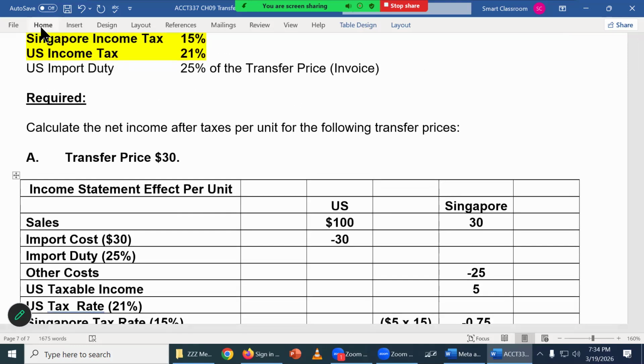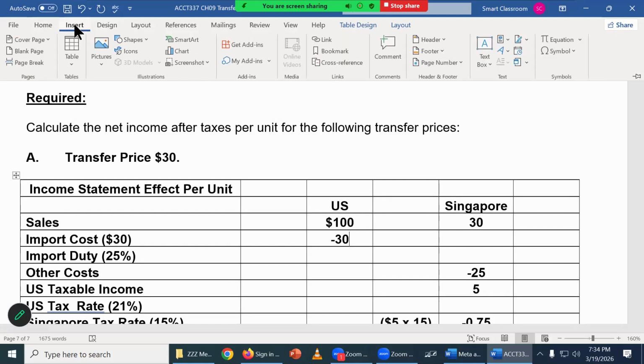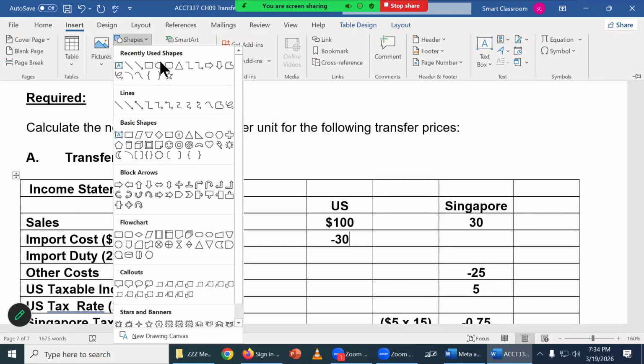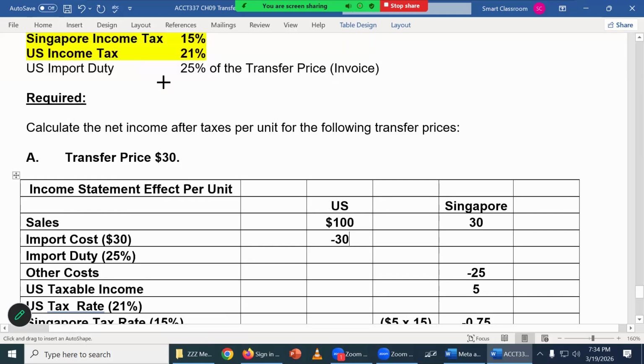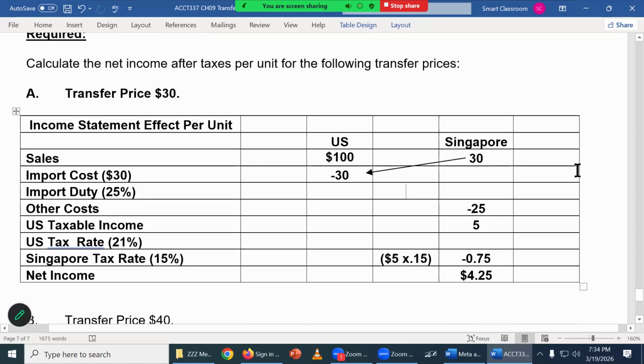Those two 30s are the same, by the way. Import duty: we have to pay 25% on this when it comes into our country.